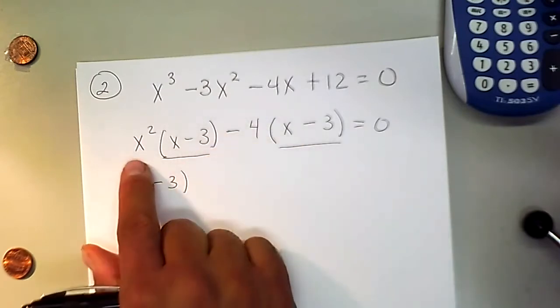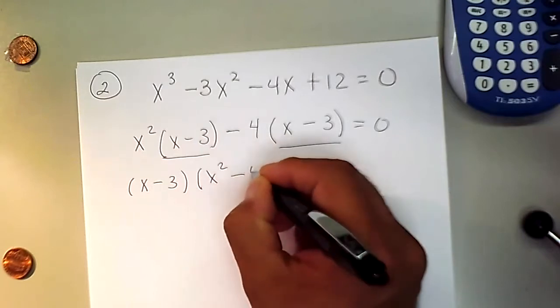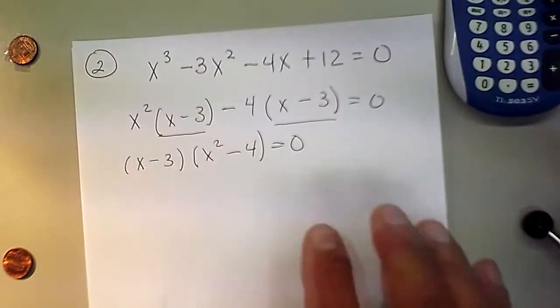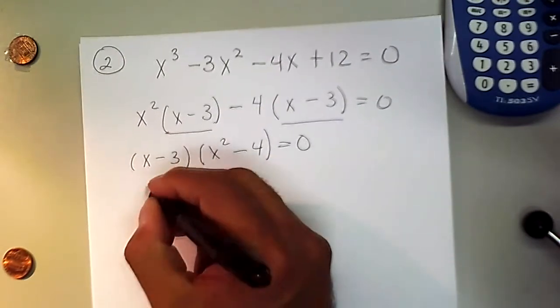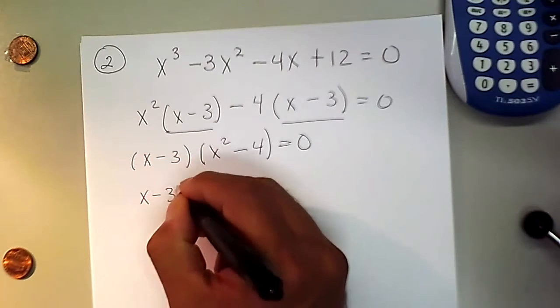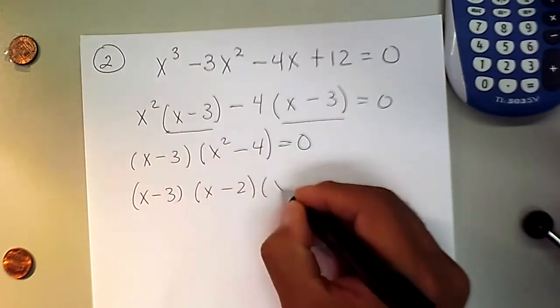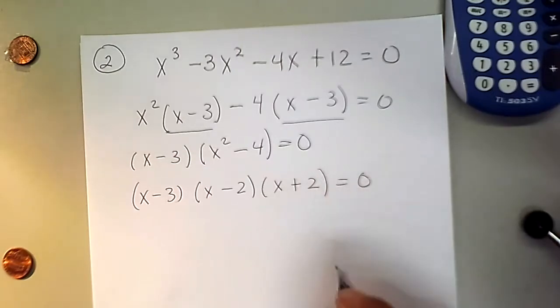And what is left over is x squared minus 4. And then we know this can be factored even farther. That is a difference of squares, x minus 2 and x plus 2.